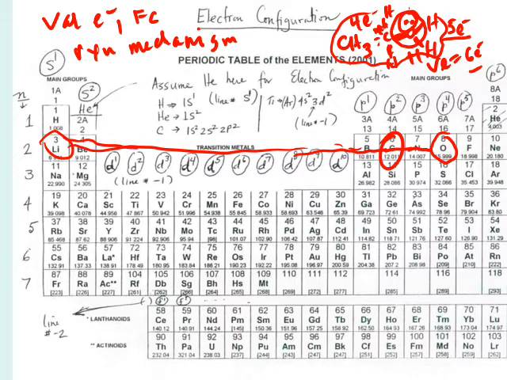So 1, 2, 3, 4. So carbon has 4 valence electrons. It's supposed to have 4 electrons, and it does have 4 electrons in this compound. That means it didn't receive any extra electron or didn't lose any electron during the sharing. That means formal charge is 0 for carbon. So in other words, the charge development of +1 is solely due to this oxygen that has plus or +1.